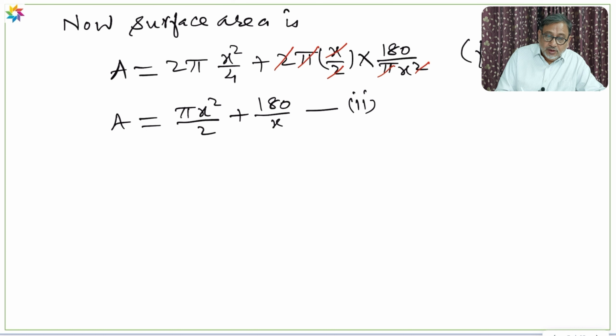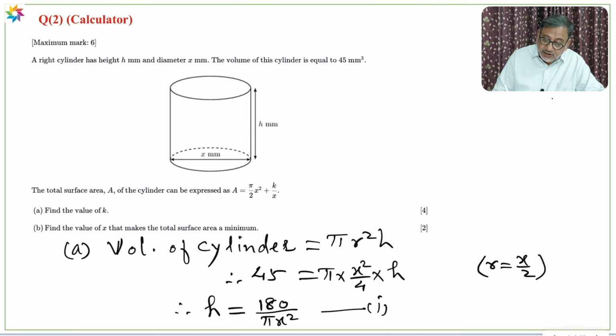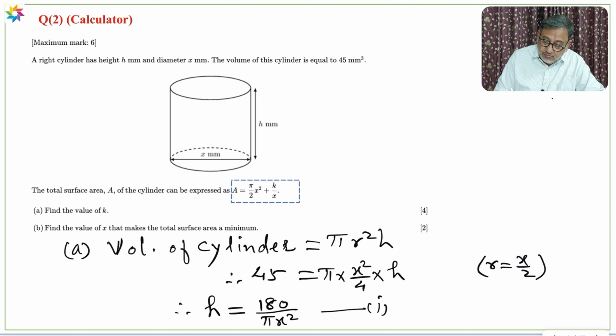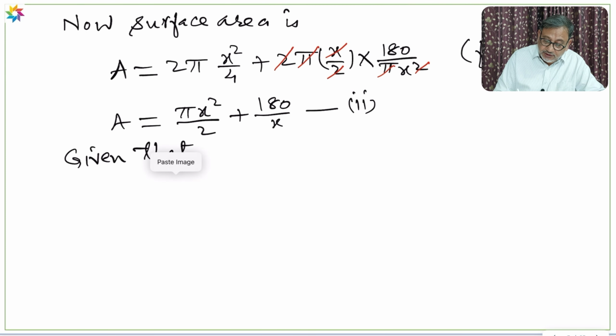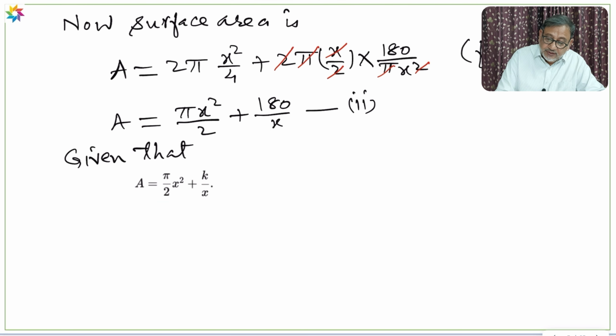Now, but given that A is equal to, look here, it is given, I will copy that here. This is given, A is given.